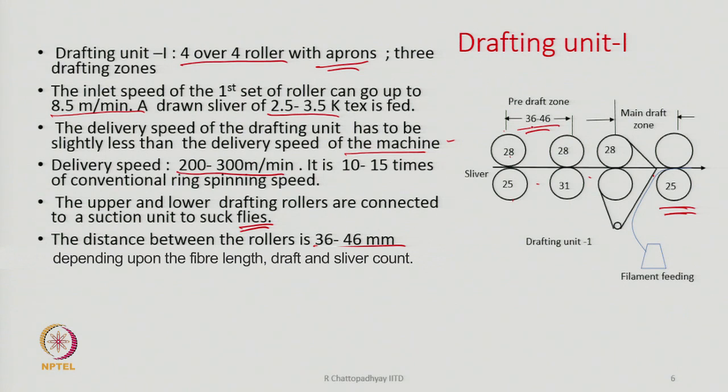Typically here it could be 36 to 46, depending upon what fiber length we are going to process. So, this is the main draft zone and this is the pre-draft or break draft zone. We will also keep a little bit of draft here just to keep the fibers under tension.